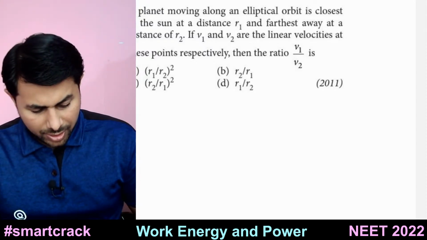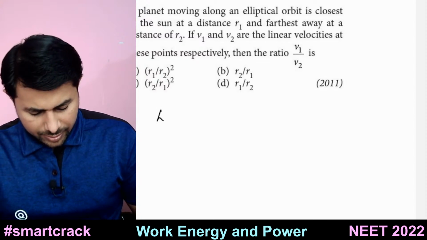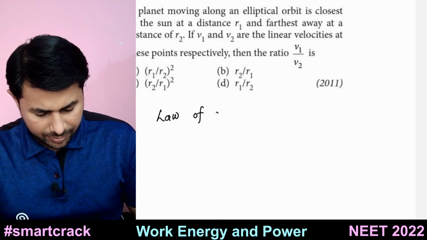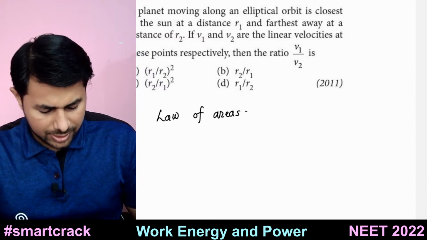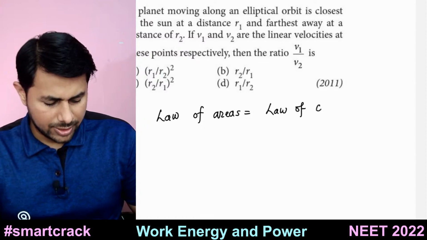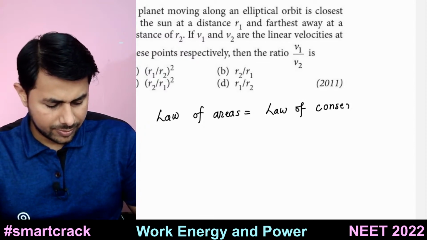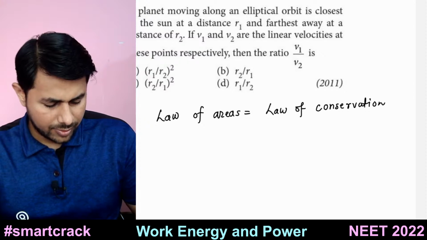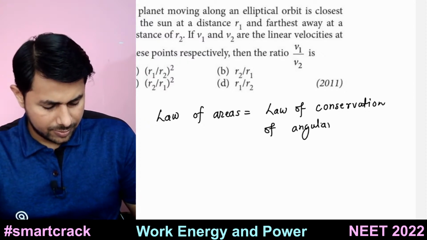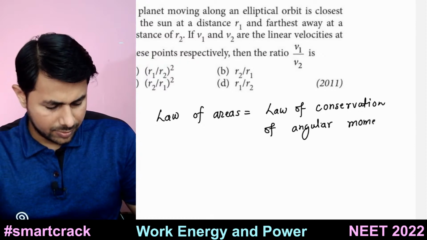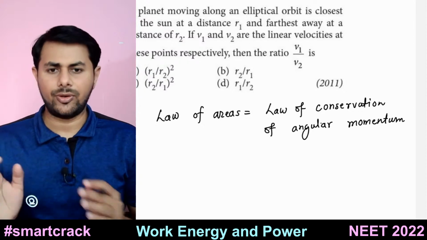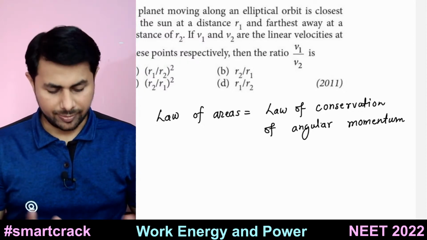The law of areas is also called the law of conservation of angular momentum, or the law of areas can be derived from the law of conservation of angular momentum.